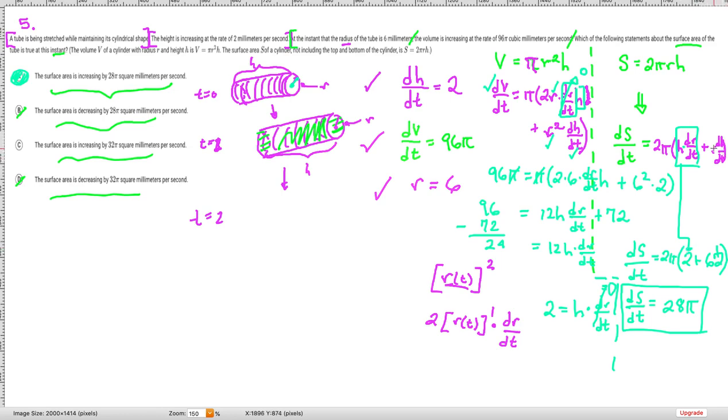And then I knew the radius. They're talking about the instant the radius was 6, so I put 6 here. And then I put what we got for dh/dt, which is 2. They give us that. And then I just solved this for 28π. And then that's your answer.